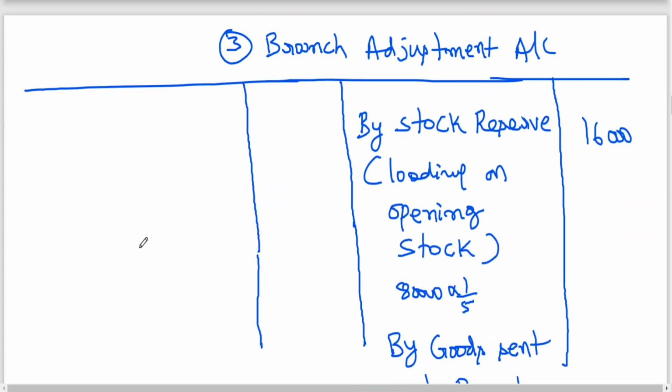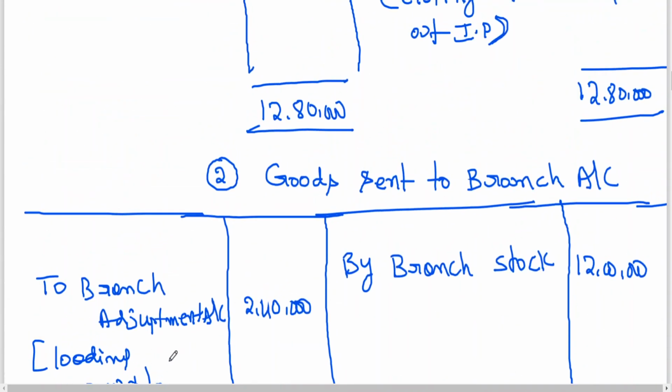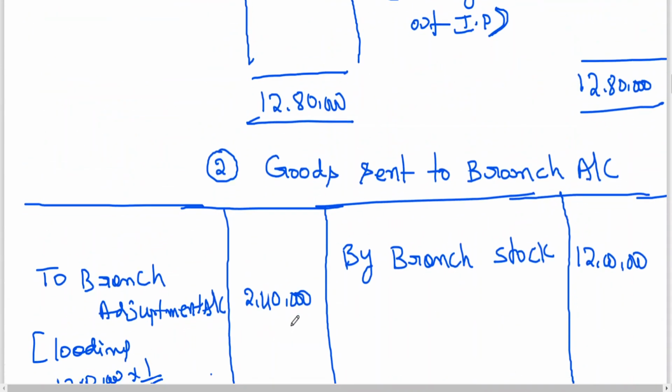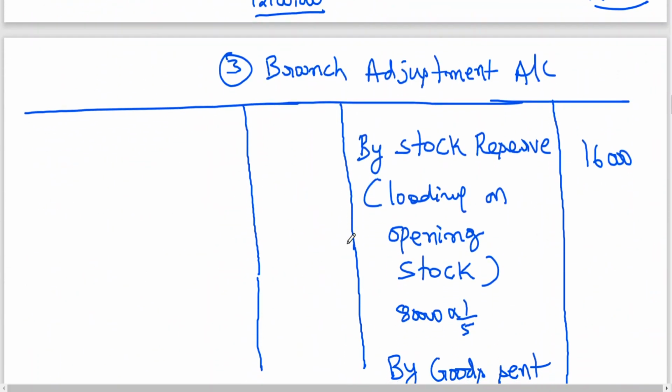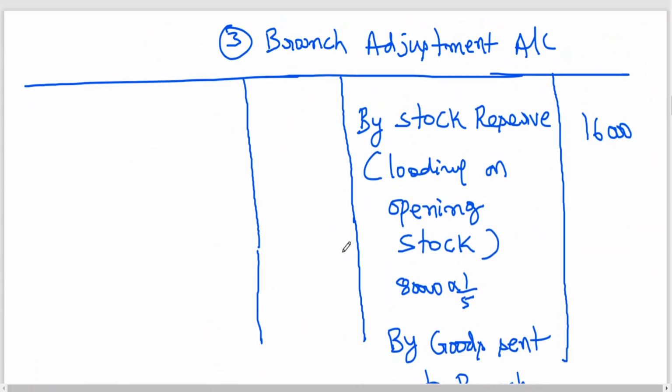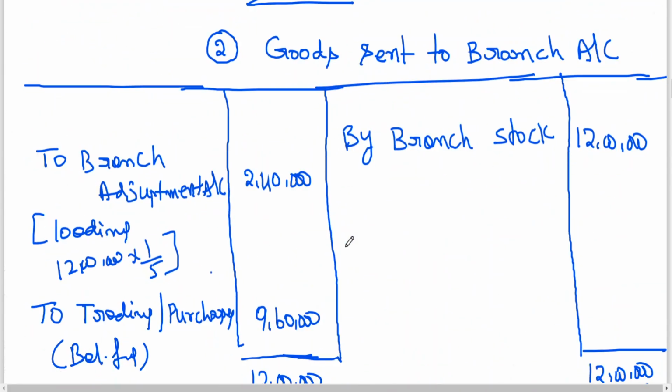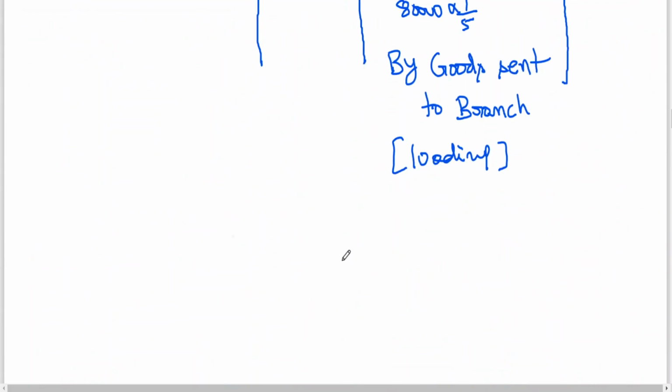By goods sent to branch, already I've given the entry here. Goods sent to branch adjustment, how much did you get as loading effect? 12 lakhs into 1 by 5, 2,40,000. What is the value? Tell me. 12 lakhs into 1 by 5, 2,40,000.